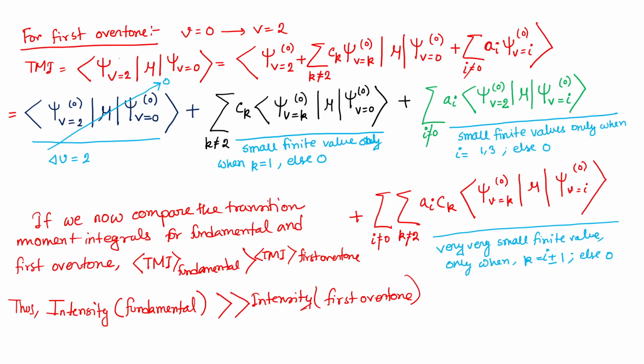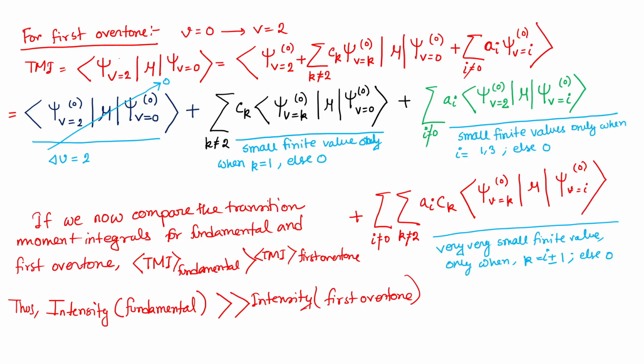For all the unperturbed part, only because of these terms, when they are in a particular condition, i equals 1 or 3 or k equals 1 or these particular conditions, there is going to be a very small finite value of the TMI, and that is when your v equals plus minus 2, v equals plus minus 3, these kinds of overtones.